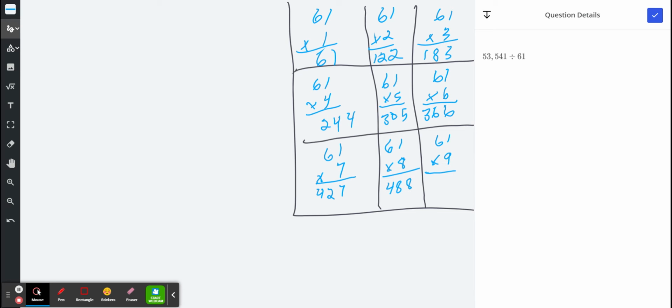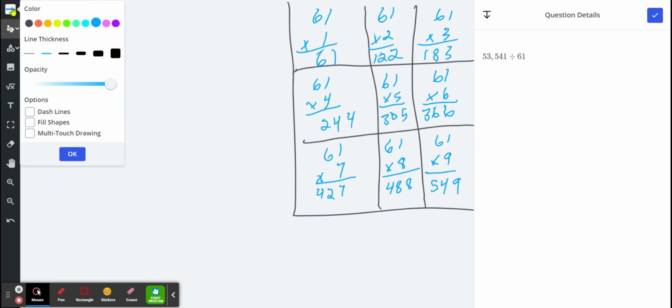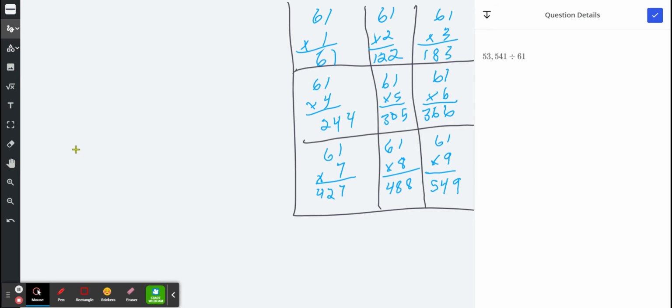And 61 times 9 is 9 times 6 is 54, so 549. Again, this is why math facts are so important.